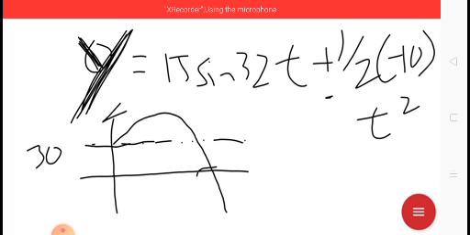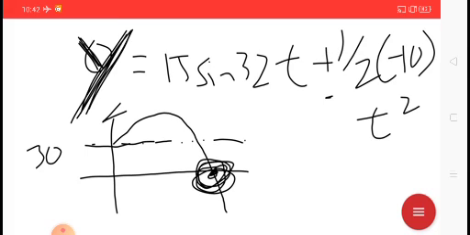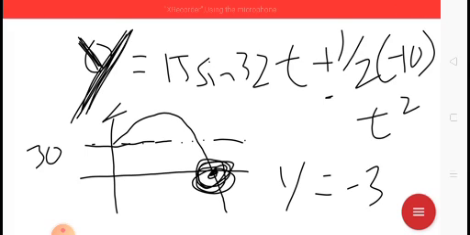At the ground point the vertical displacement is negative 30, so to calculate t you put y equal to negative 30. But if your reference point is at the ground level, then y should be 0.